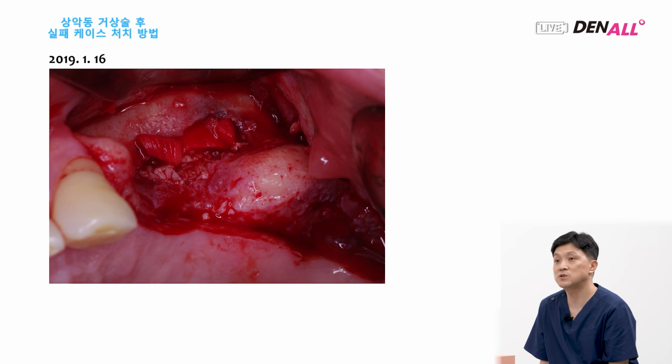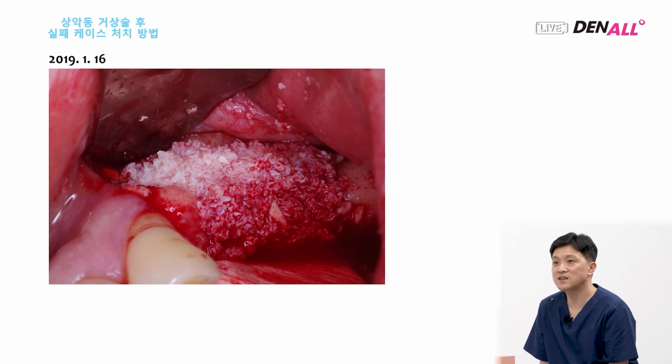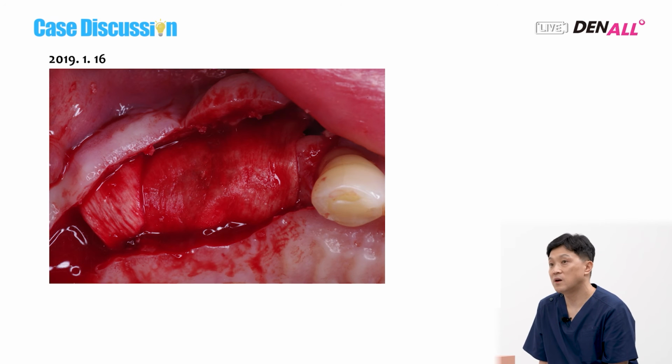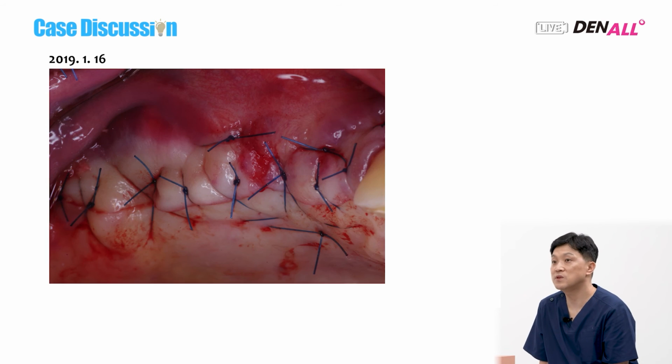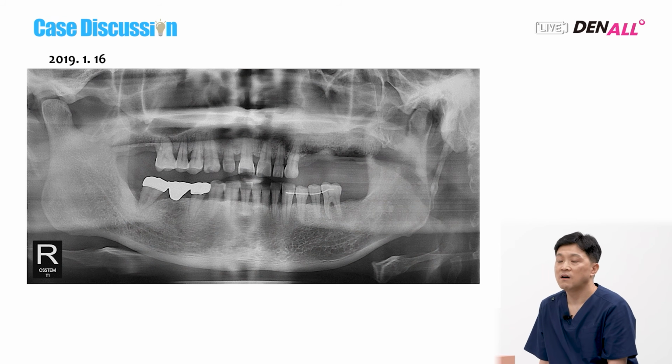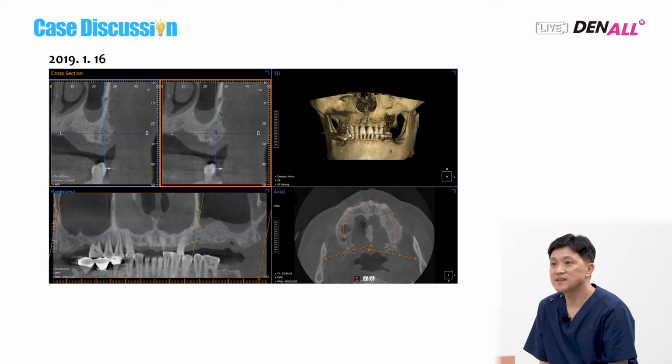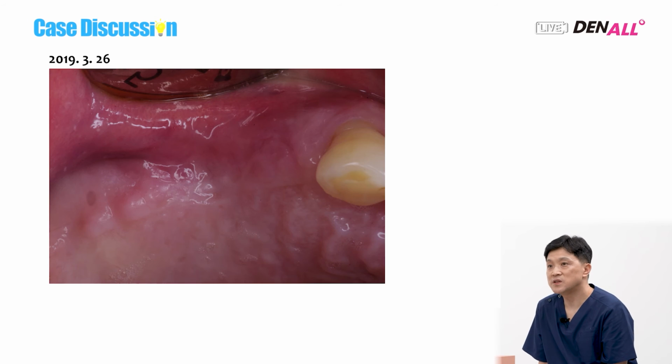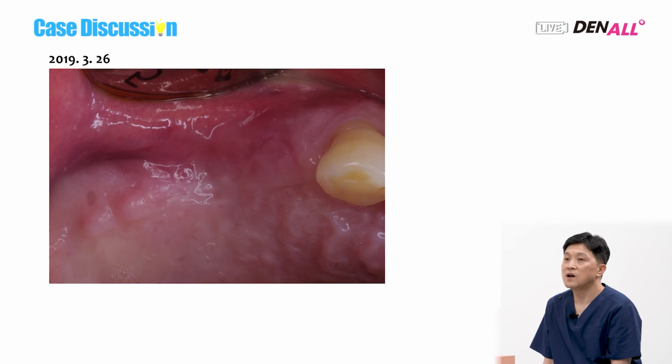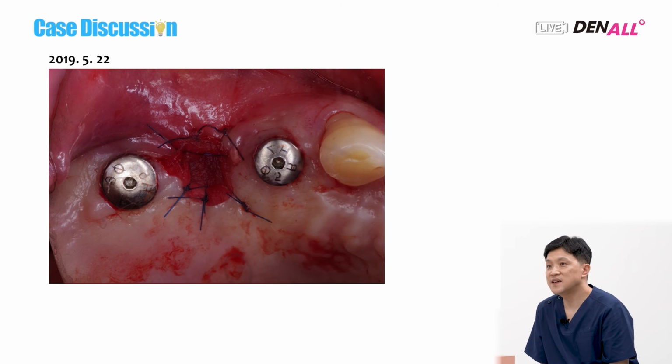The alveolar process is severely resorbed. Augmentation GBR is done together, and the implant placement is delayed, and the surgery is completed. After that, at 2 months post-op and 4 months post-op, implants were placed at 4 and 6.